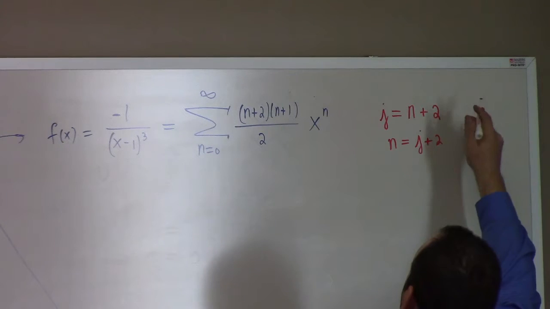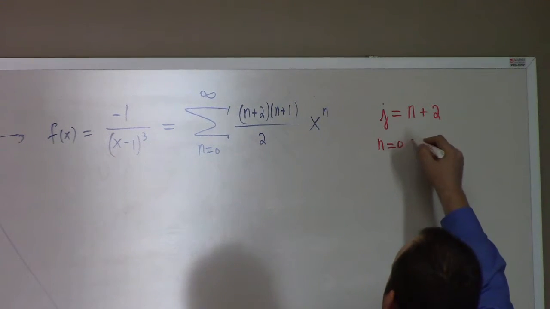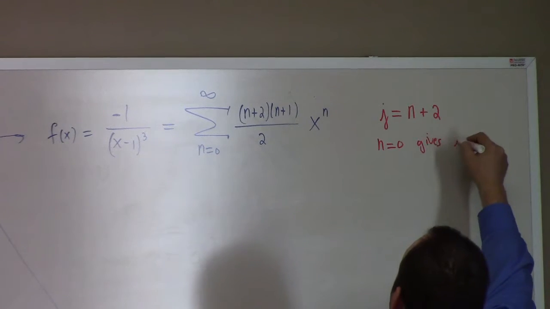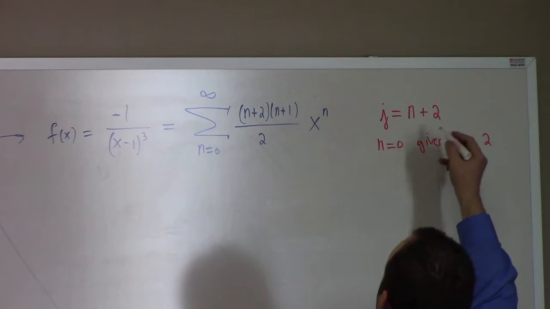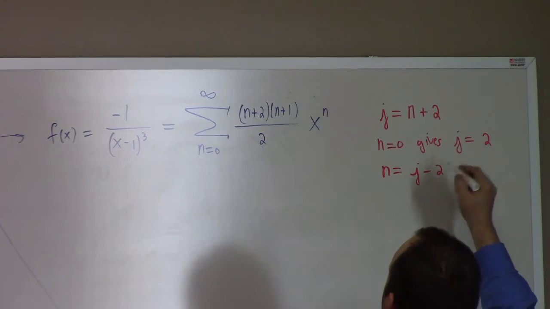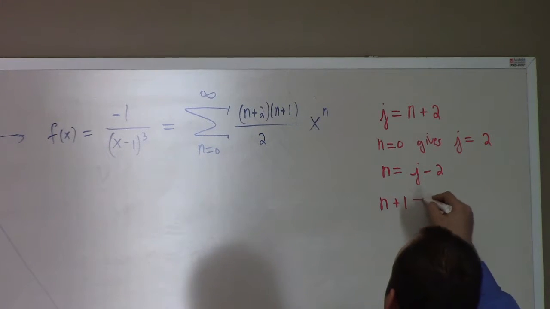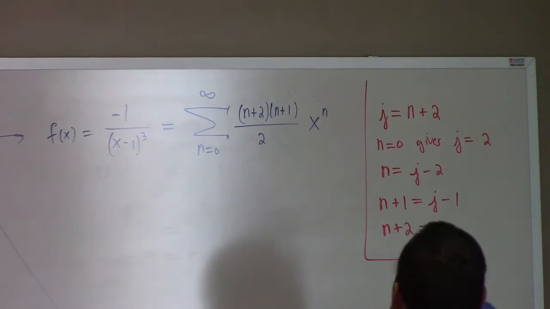If j equals n plus 2, then what's that say? That says n equals 0 gives me what? j equals 0 plus 2, which is 2. Make this substitution, and let's see here, I get n is equal to j minus 2, right? So n plus 1 is equal to j minus 1, n plus 2 is equal to j, right?